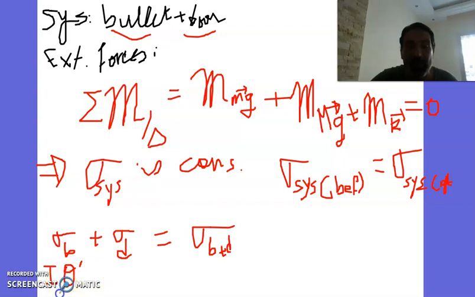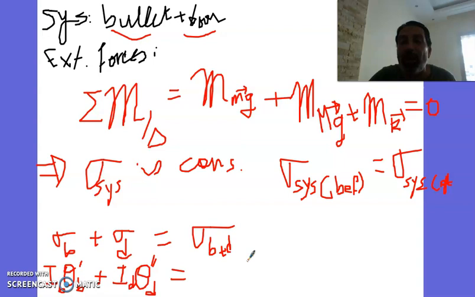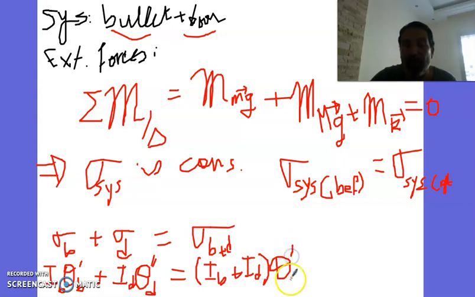Here it is I of the bullet times theta prime of the bullet plus I of the door times theta prime of the door, equals, now the bullet and the door form one rigid body in rotation, so its angular momentum is I of the system, which is I bullet plus I door, times theta prime of the system. Clear?